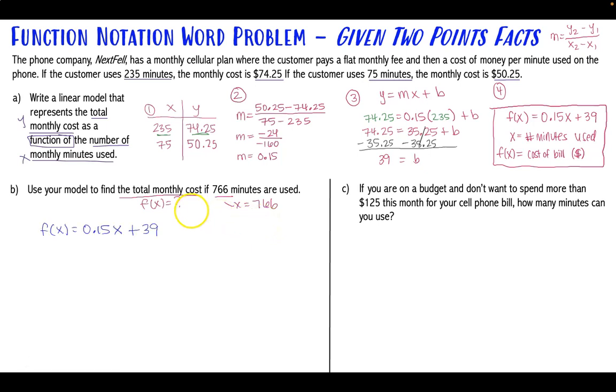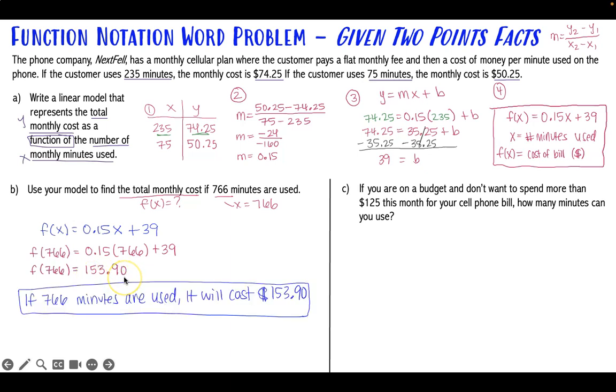So you grab that equation that you just came up with, and wherever you see x, you're going to substitute 766 in. So that's on the left side and on the right side. And then if you multiply 0.15 by 766 and add that to 39, you get 153.90. Make sure you state that in a sentence. So if 766 minutes were used, it will cost $153.90.